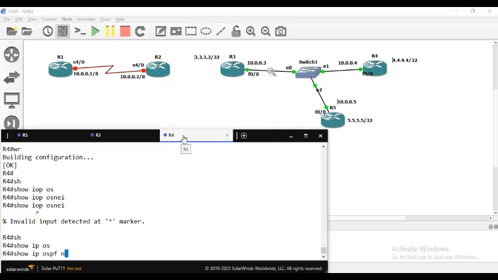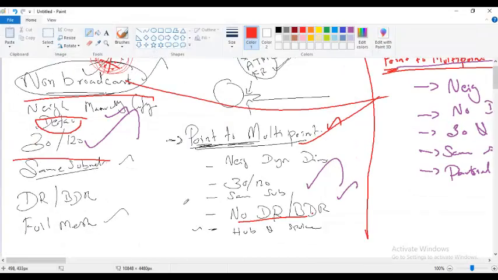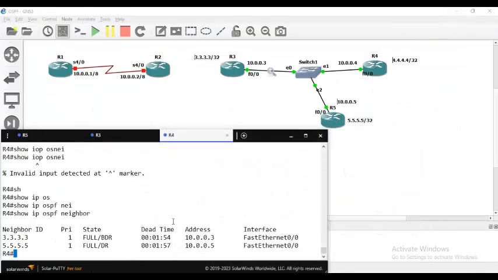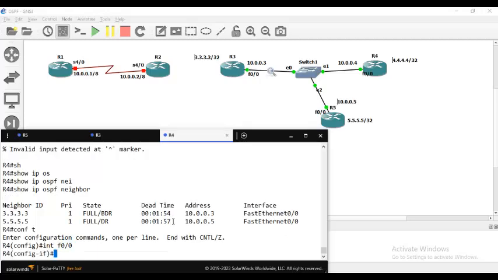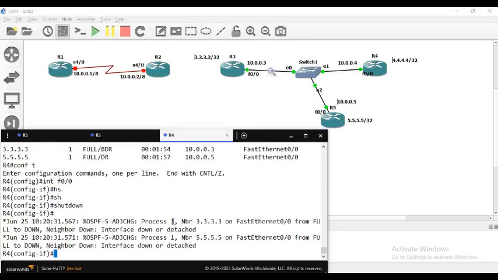Okay, now let us go with this one. I'll shut down those ports and change the network type. Interface F0/0, shutdown, no ip ospf network. Also on R3, no ip ospf network.